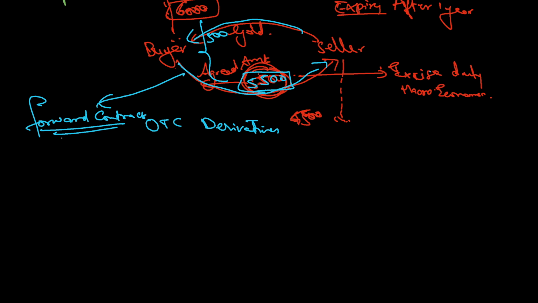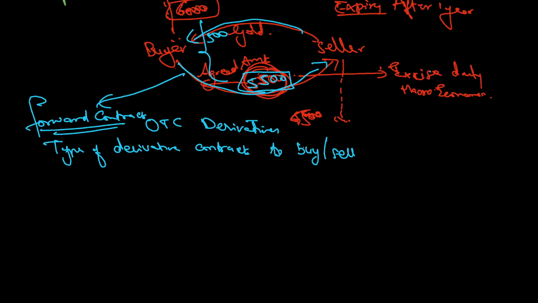So forward contract, first of all, it is a type of derivative contract to buy or sell. For the buyer it is to buy, and for the seller it is to sell.